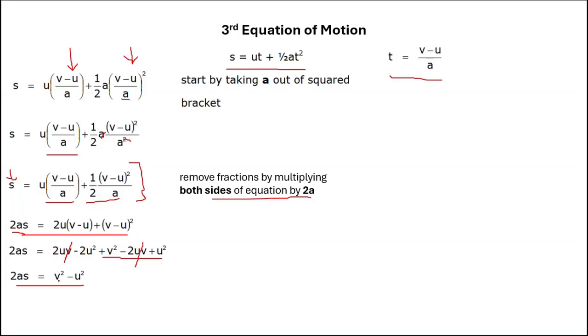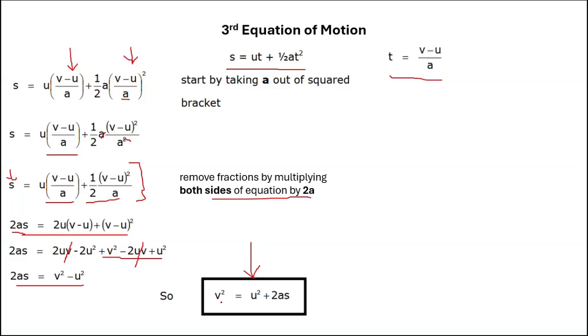V is the final velocity and u is initial velocity. We can also write this as 2as is equal to vf square minus vi square. Vf is final velocity and vi is initial velocity. So this is our final equation, which is the third equation of motion.